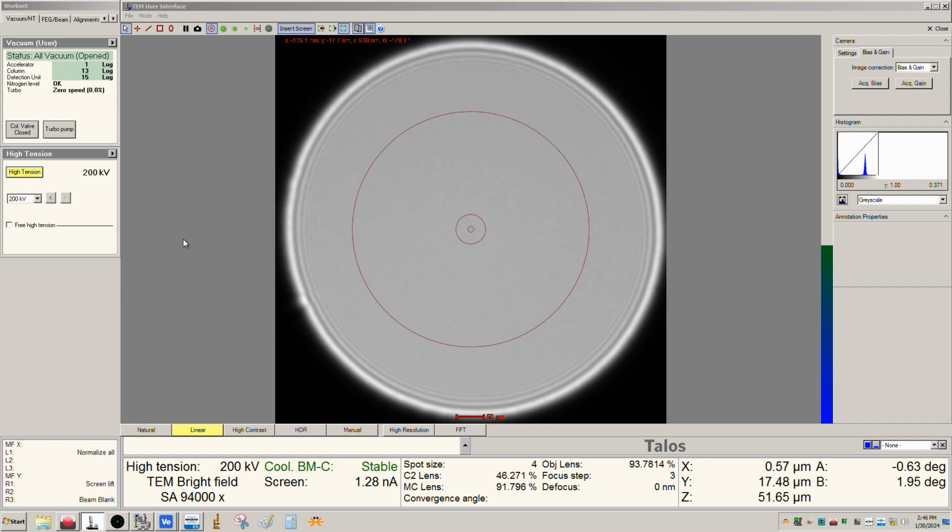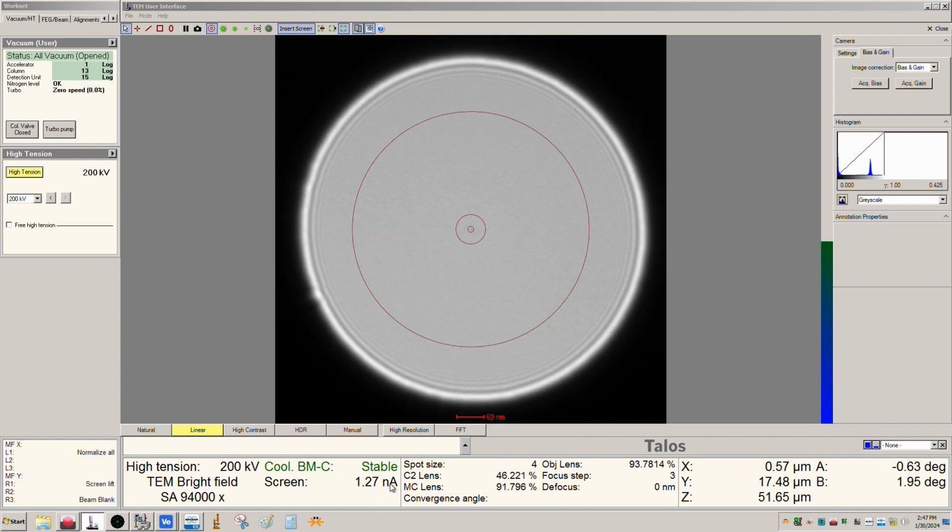This gives us really the perfect starting structure, if you will, to see how we can generate beam-induced damage. Right now, as you can see here on my flu cam, I've got the whole beam here. I have around 1.3 nanoamps of current in my beam.